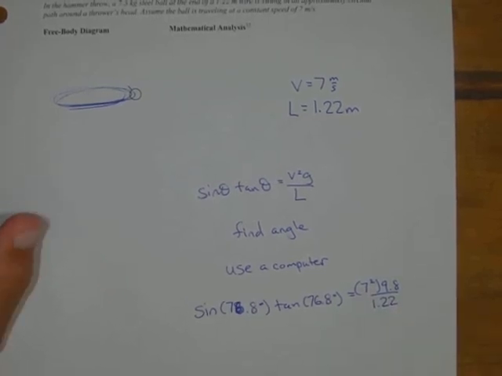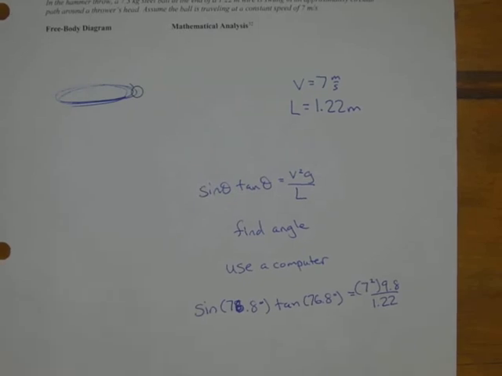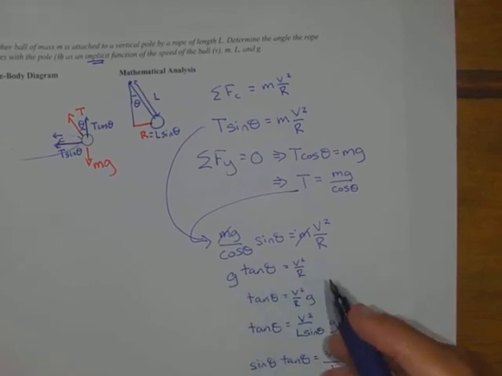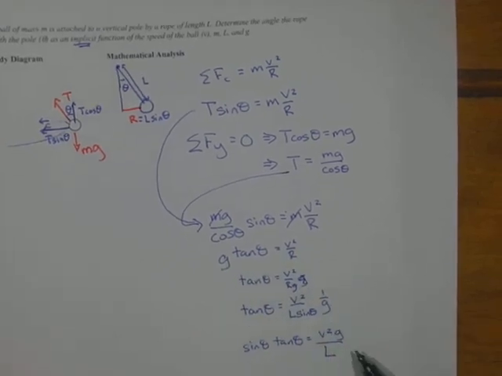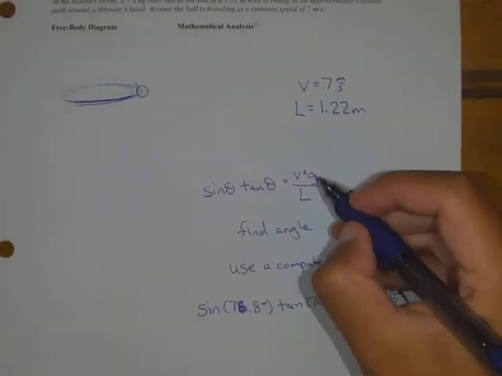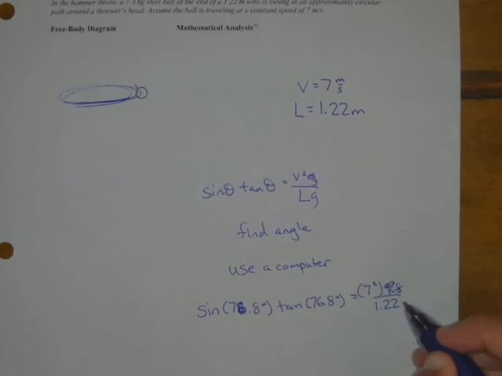And if that's true, then that means the angle is 76.8. Well, that is not true, because if I go back here, when I brought the g over to the other side, that was supposed to be in the denominator. So this g should be in the denominator here. And so the 9.8 should be in the denominator here.